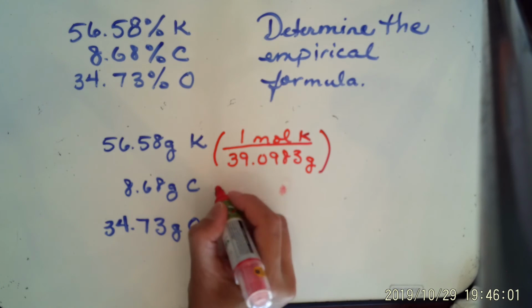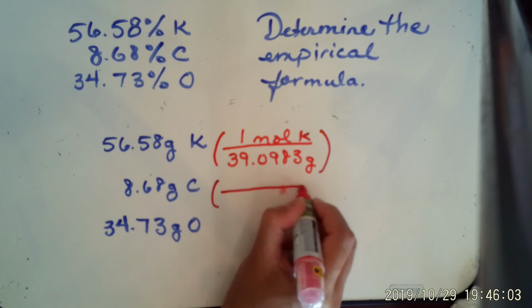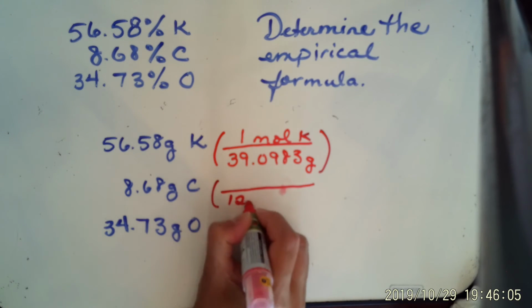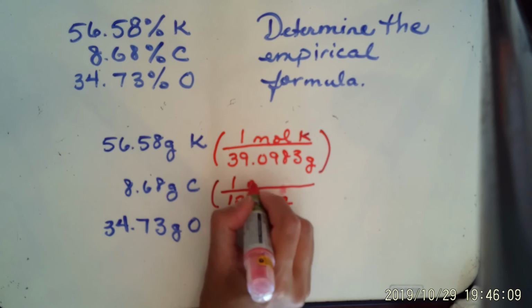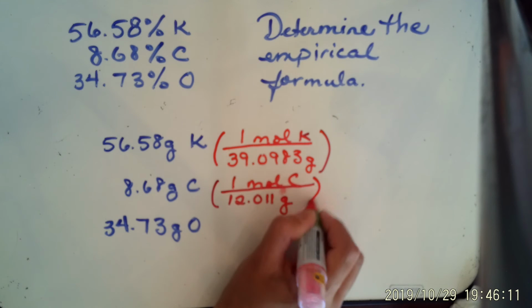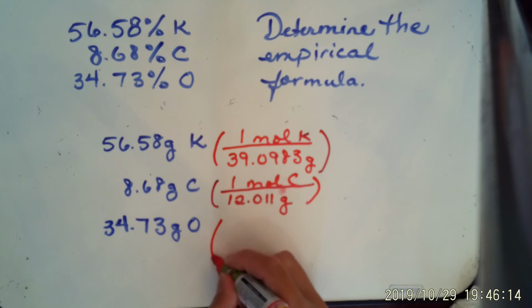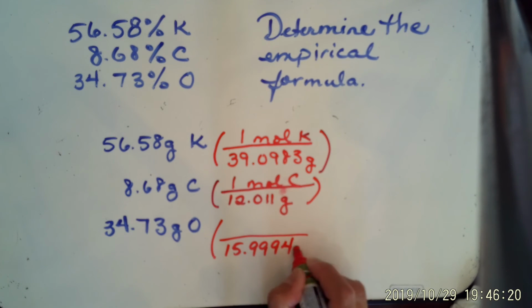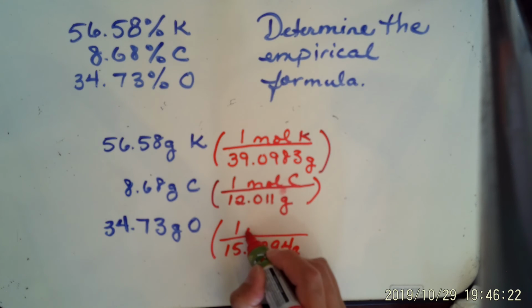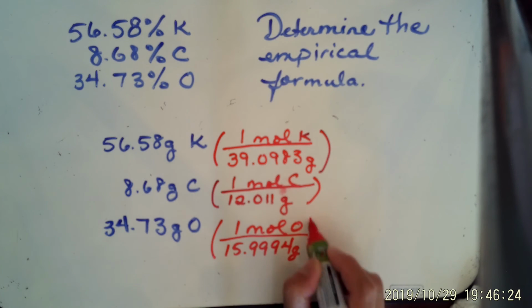Carbon is 12.011 grams of carbon for every 1 mole of carbon. Oxygen, we said, was 15.9994 grams of oxygen for every 1 mole of oxygen.